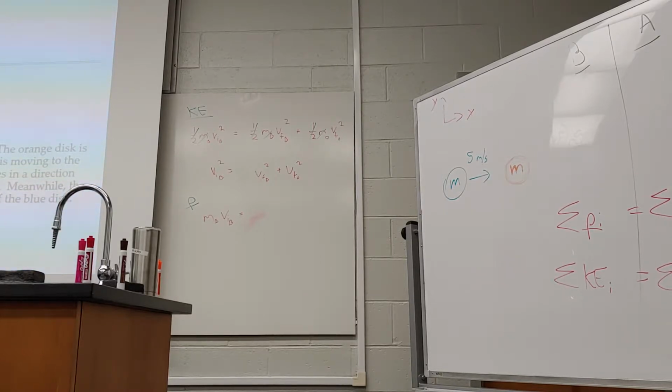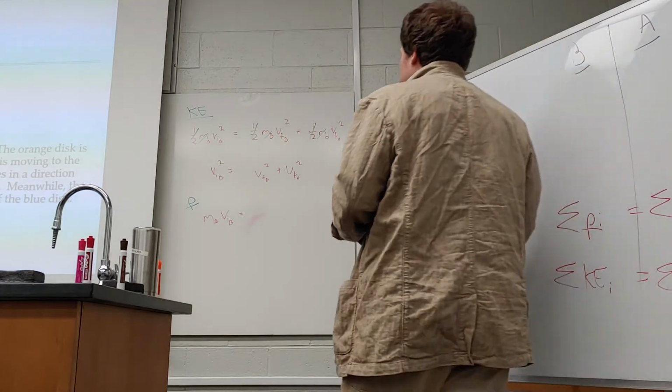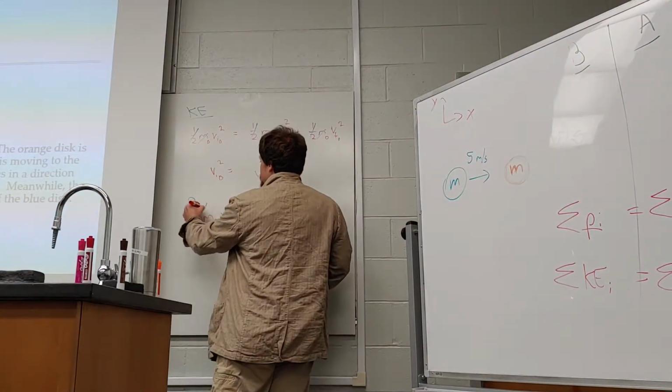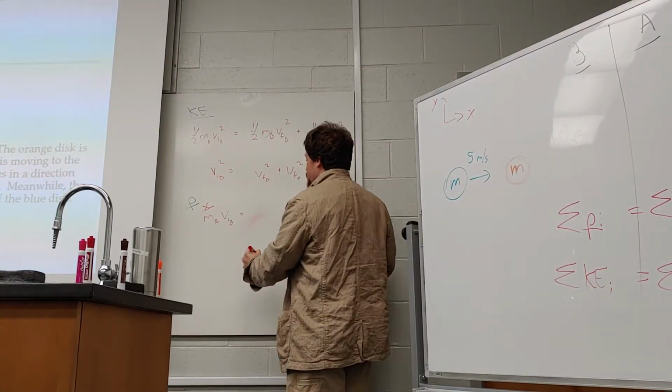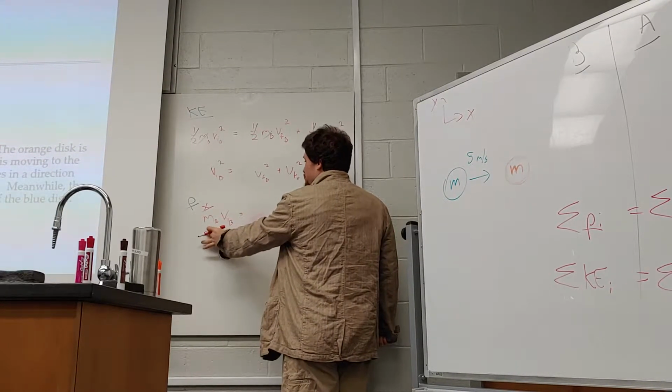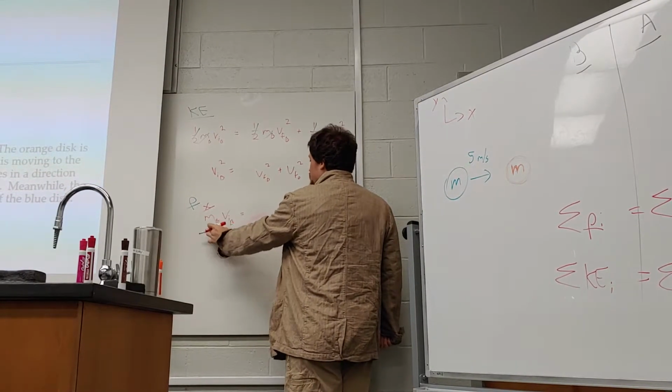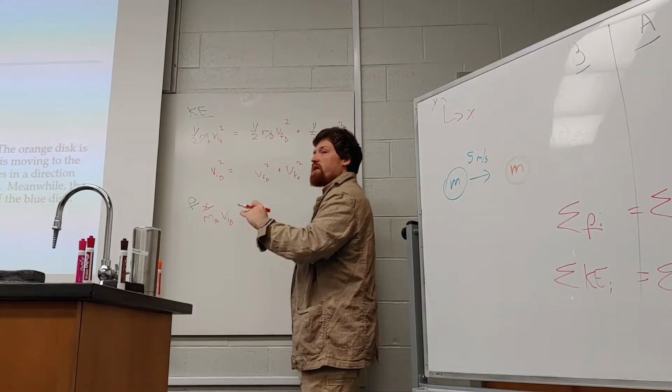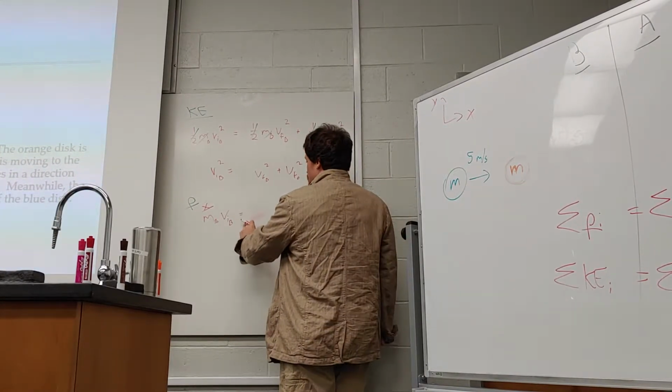Okay. Again, because our initial momentum is only in the x-axis, we have to separate this up when we are examining momentum later. So, momentum initial. This is all in the x-axis, that wasn't in any other axis.